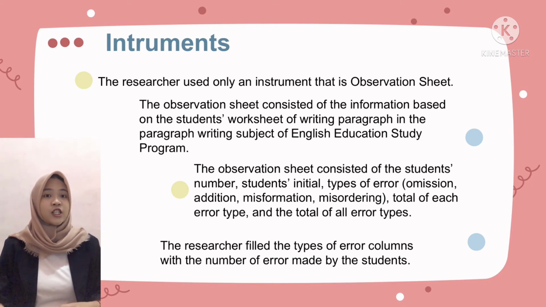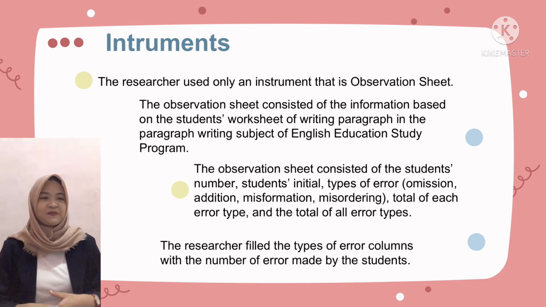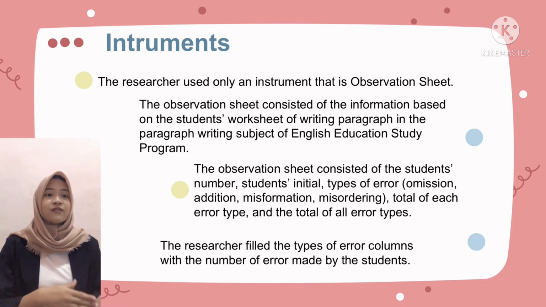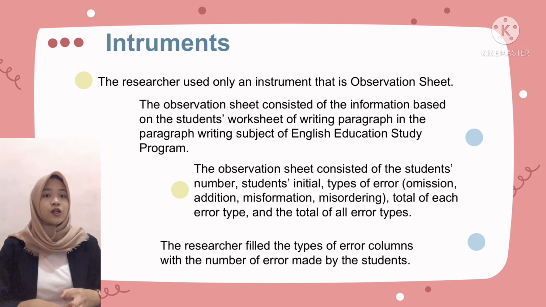The observation sheet consisted of information based on the students' worksheets of writing essays in the essay writing subject of the English Education Study Program. The observation sheet consisted of the student's number, student's initial, and types of error, those are omission, addition, misformation, and misordering.